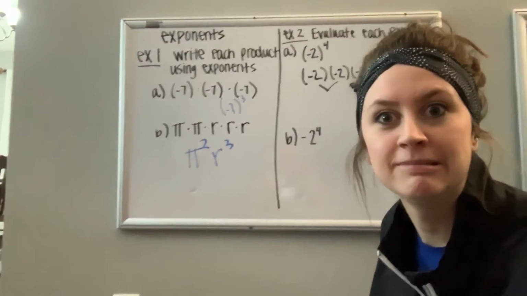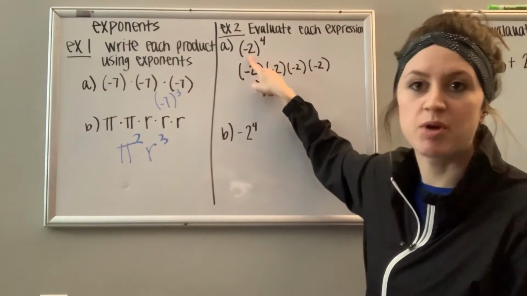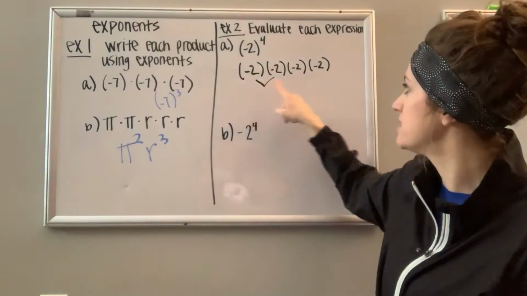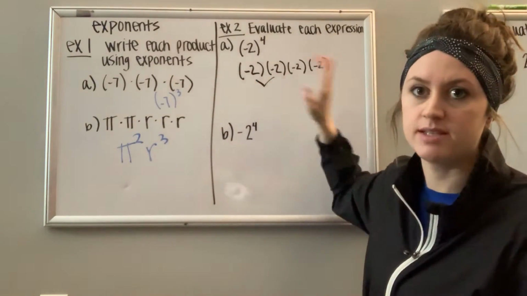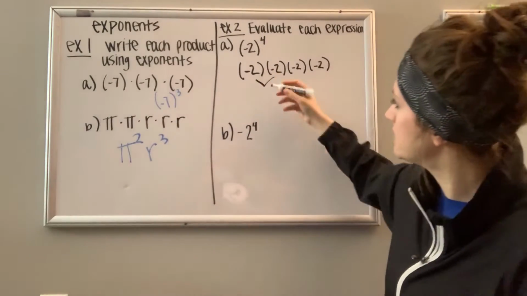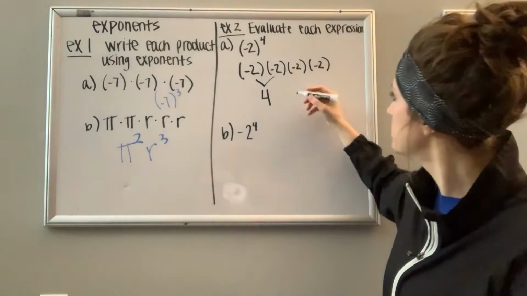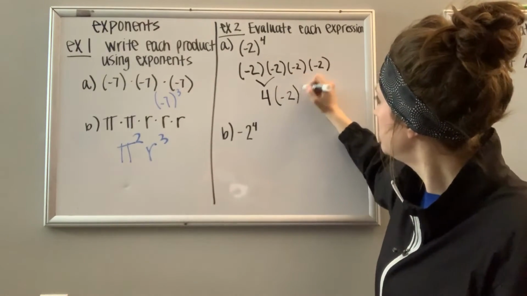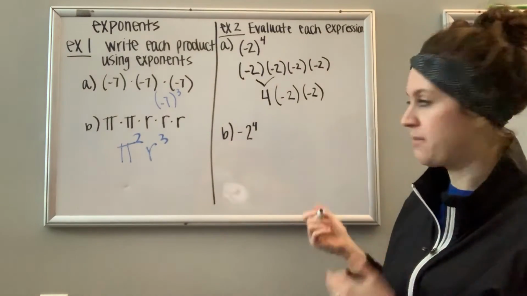Okay, so because this was in the parentheses, you need to keep it in the parentheses the entire time, just like we did over here. So -2 times -2 is going to give you a +4, and then you're going to drop down everything you didn't use. -2, -2, and then you're going to keep doing order of operations.